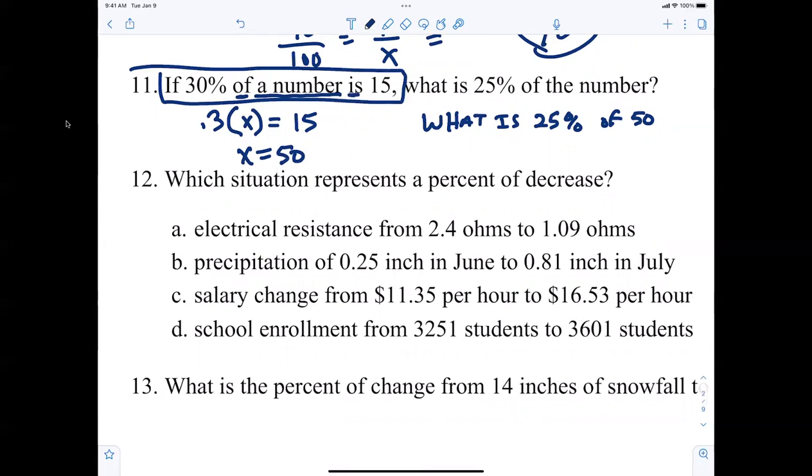Come on, you can do it. Right? That's exactly what the answer is. So do 0.25 times 50. Just a minute. Yeah, it's 12.50. That is correct. Oh, yeah. All right, that's correct.